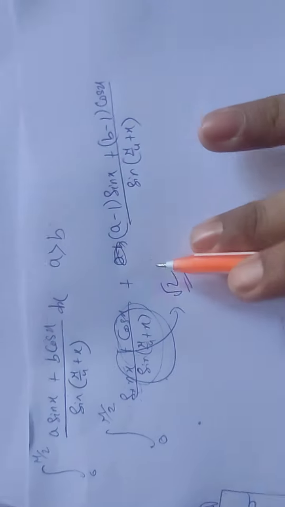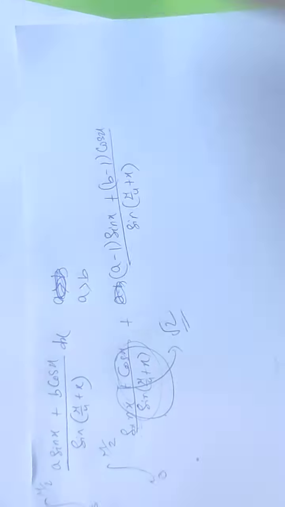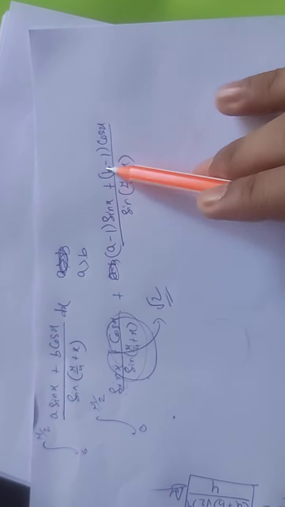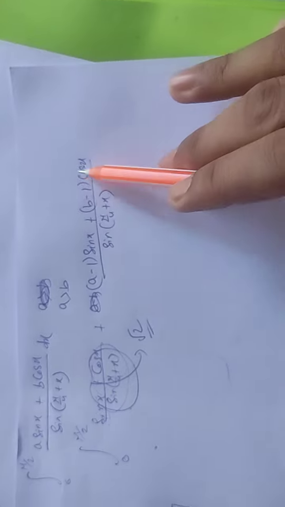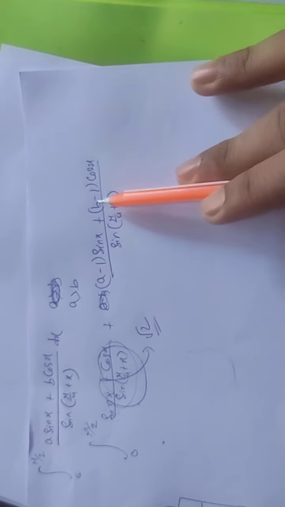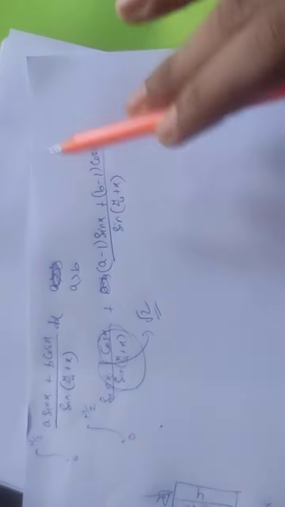Let's say a is greater than b, so it will reduce b to b minus b, and it will become a minus b. So b minus b becomes 0, so this cos term will be removed.